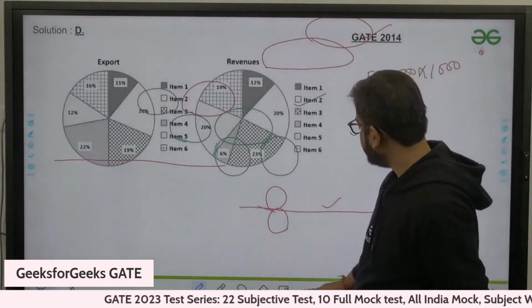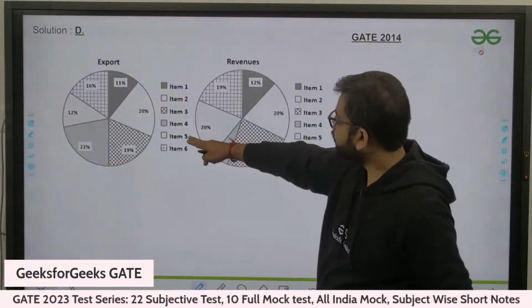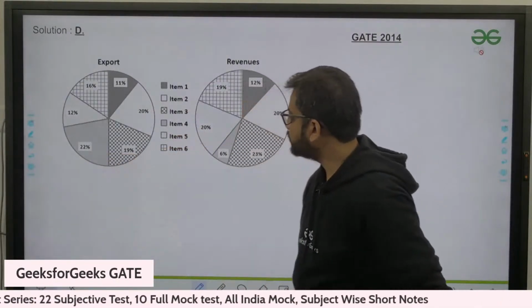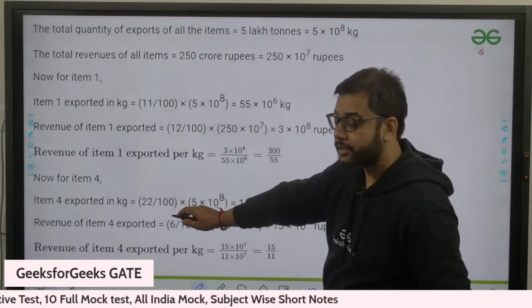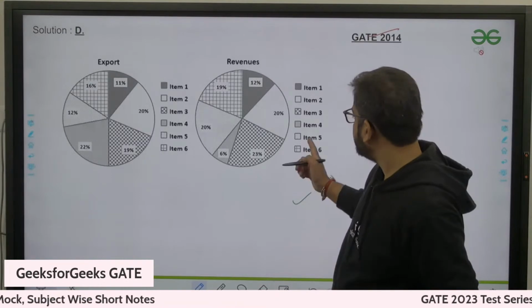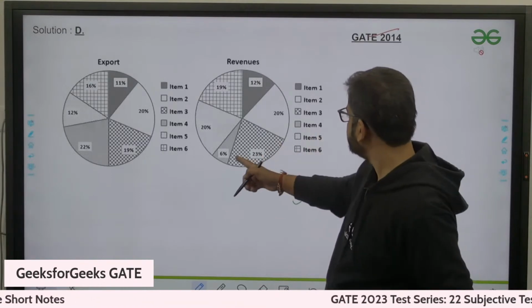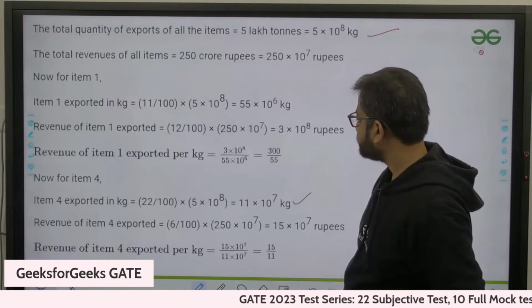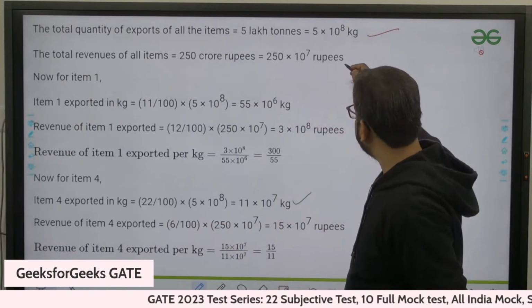For item 4, the export is 22%, so 22 by 100 into multiply by this, and for item 4 the revenue is 6%, so 6 by 100 into multiply by this.